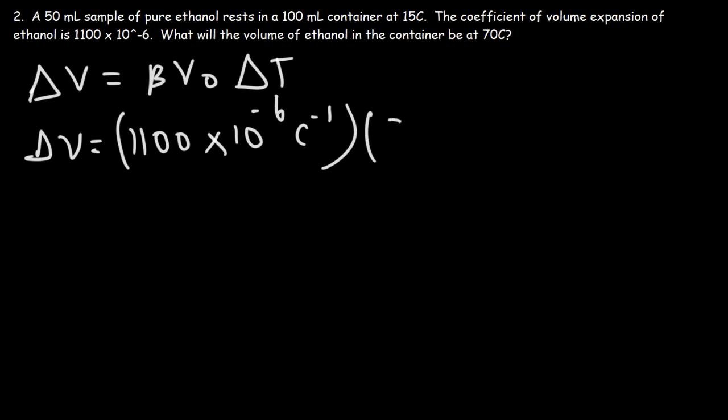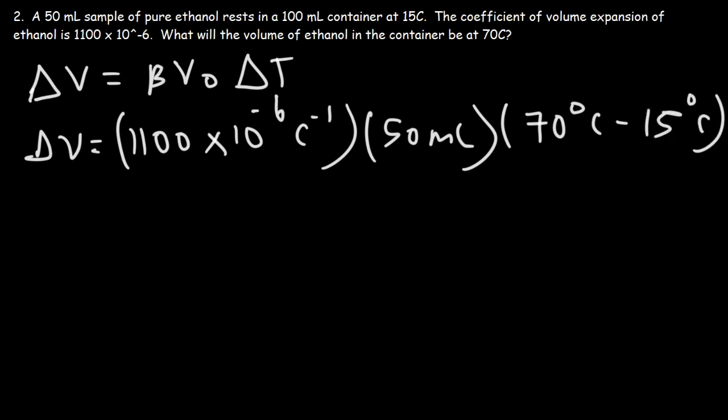The original volume is 50 milliliters. And the change in temperature, that's going to be the difference between 70 and 15 degrees Celsius. 70 minus 15 is 55. So it's going to be 55 times 50 times 1100 times 10 to the minus 6. And so the change in volume is 3.025 milliliters.